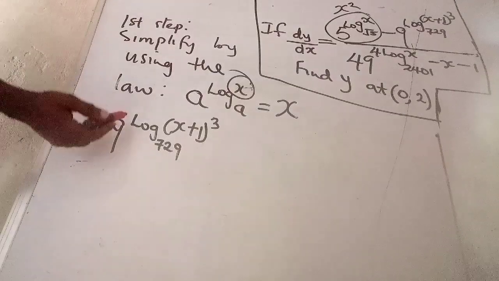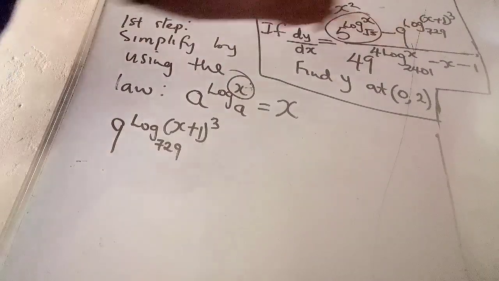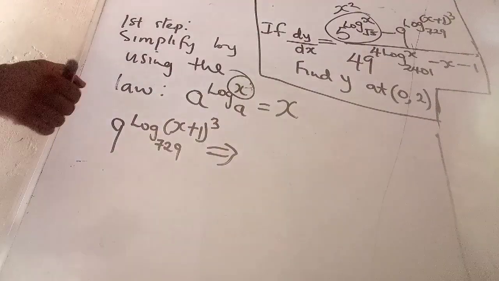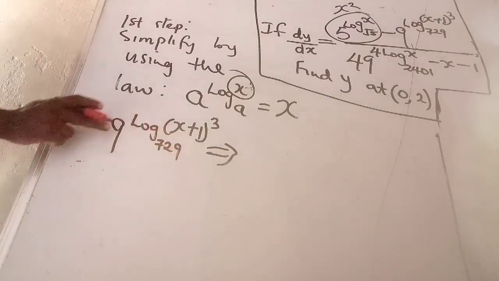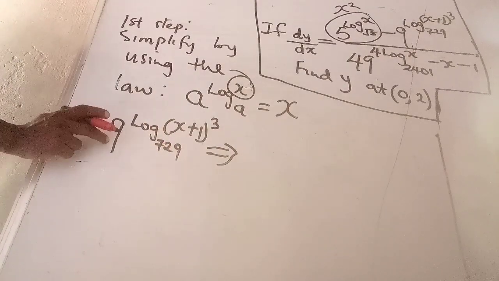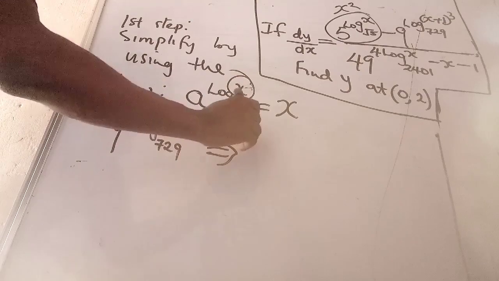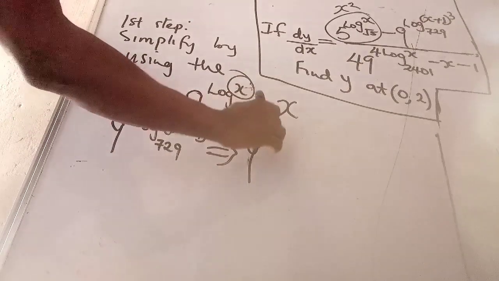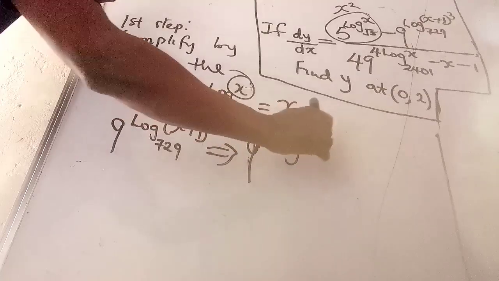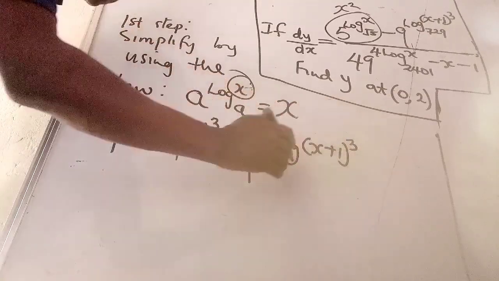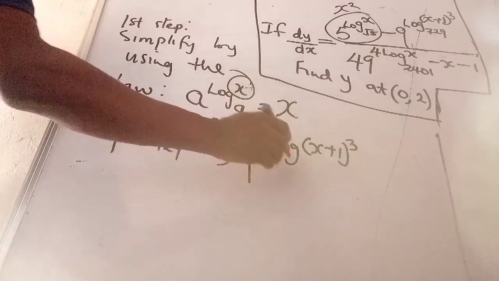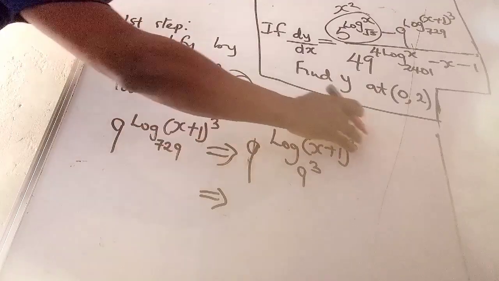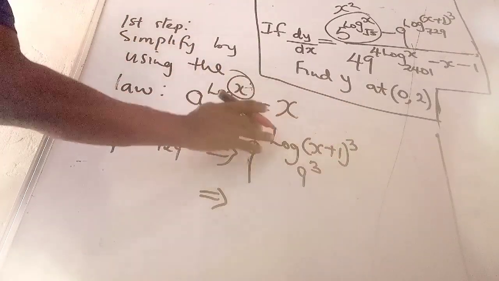Now, we want to simplify this one using the same law. That implies that the 729 here will be changed to base 9, because 9 is a carrier here. That will now be 9 raised to power log x plus 1 in brackets raised to power 3, to base 9. Then 729 will be 9 raised to power 3. So this power will shift to the back to form a fraction.